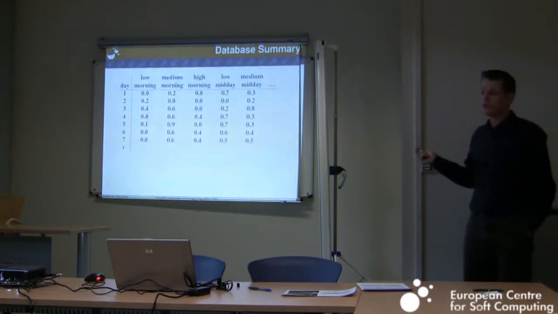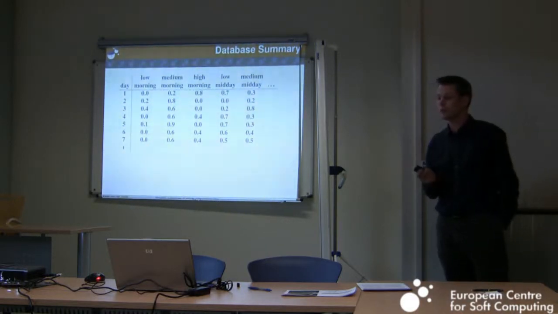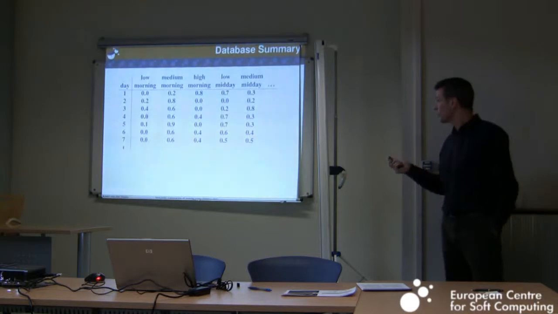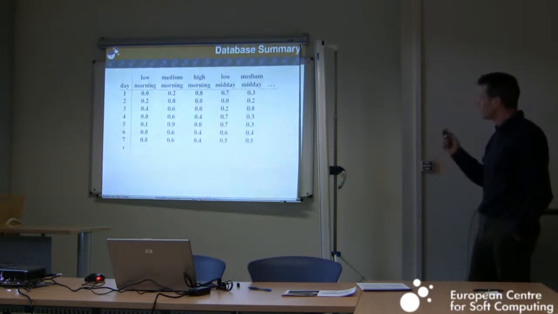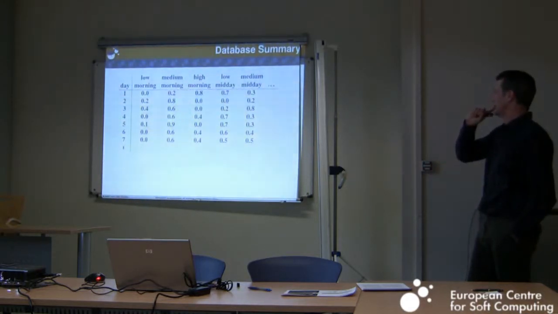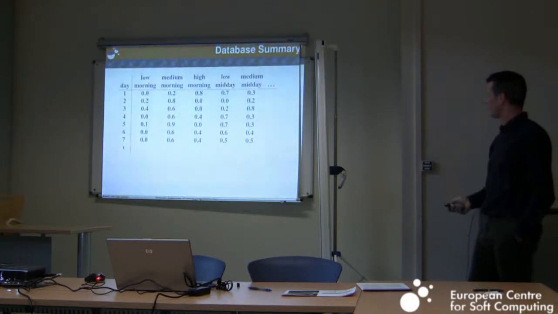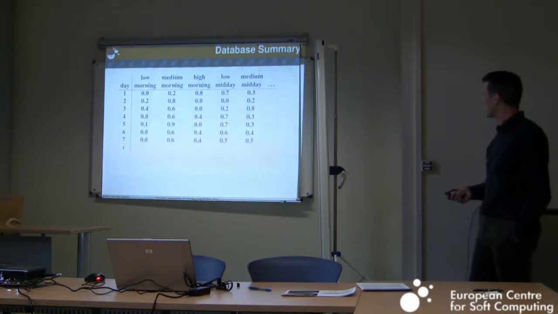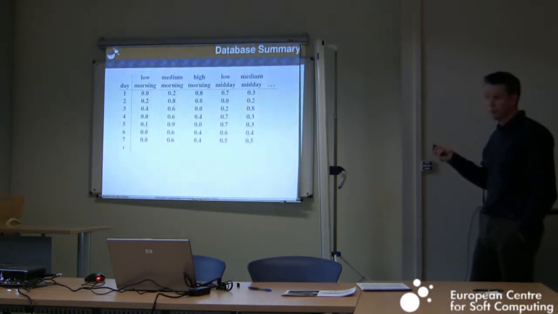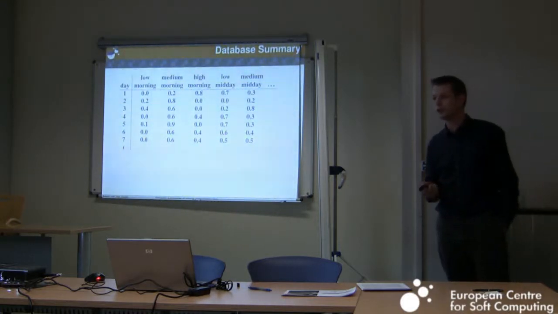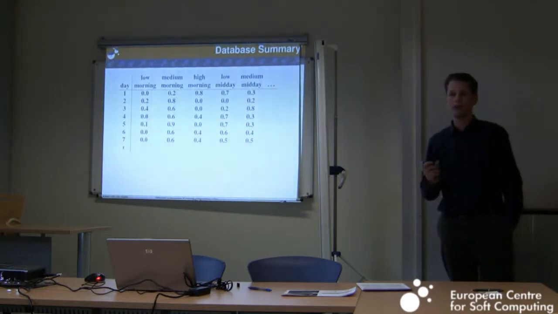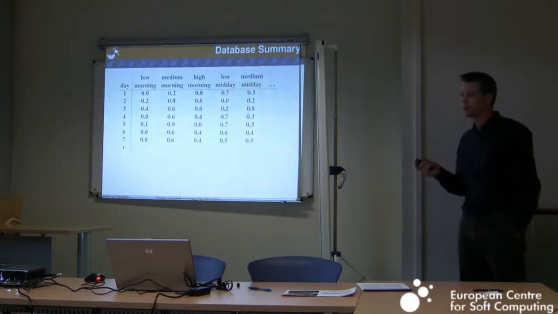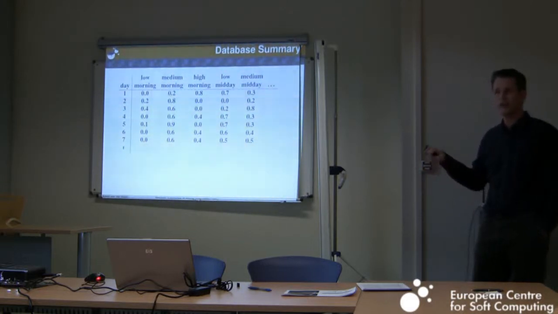Now, you have a database of all these types of sentences. These membership values of these sentences, you can also interpret as some kind of truthfulness value, or truth value, of this sentence in this database.